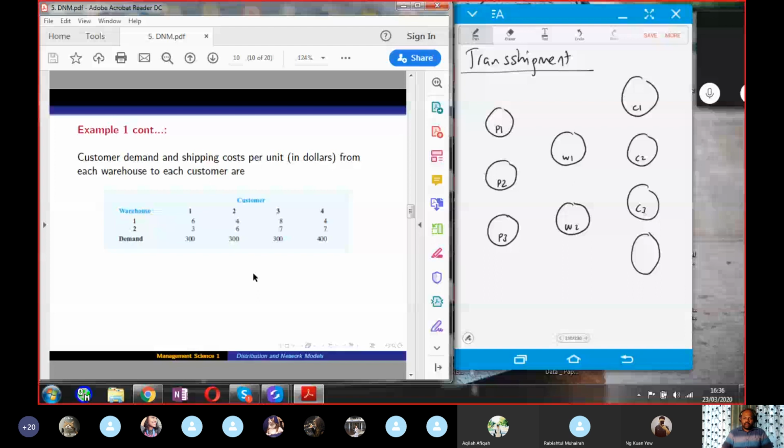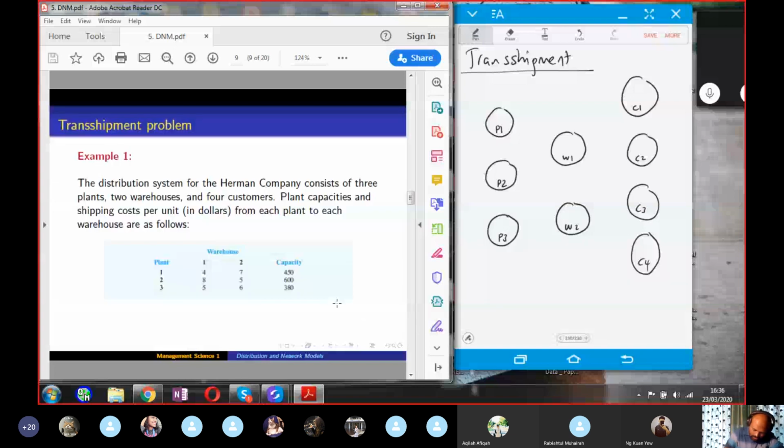Okay. Now, after this, what do you have to do? You write the supplier capacity. How much they can supply here for the supplier. Plan 1 is 450. Plan 2 is 600.